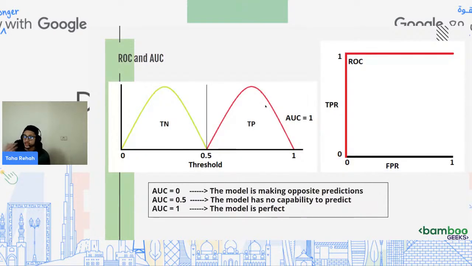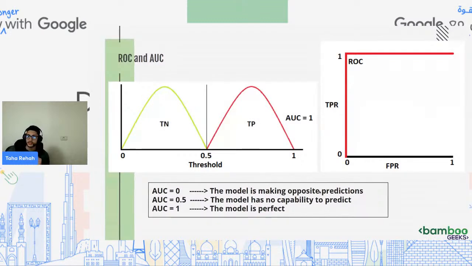And for the AUC, how do we interpret it? AUC is the area under the curve, or the area under the ROC. Basically, it's a mathematical integral, as we have all seen in high school how to calculate areas under curves.